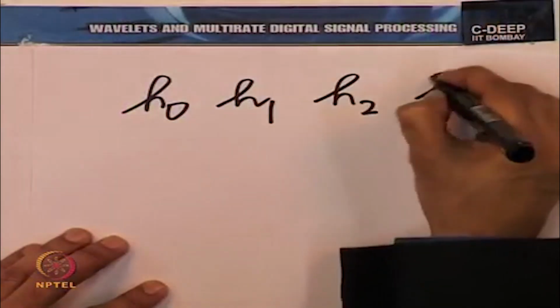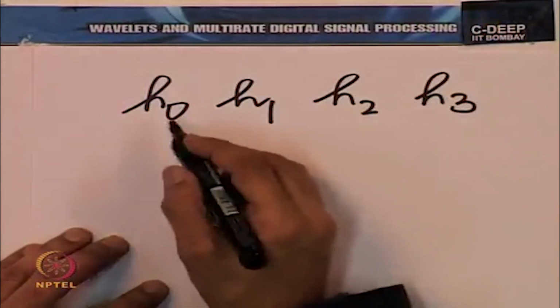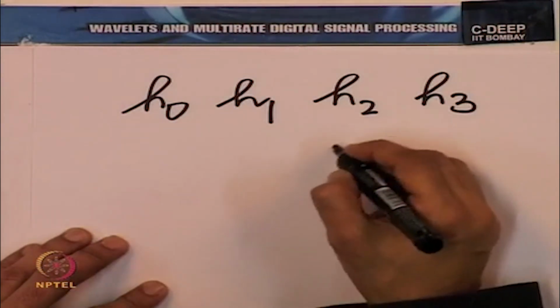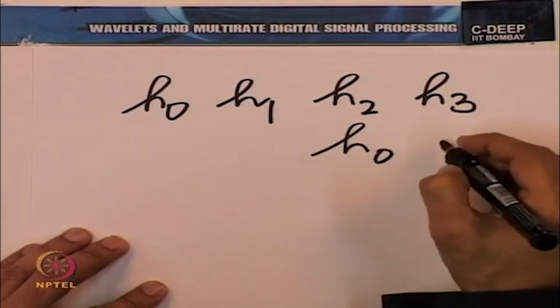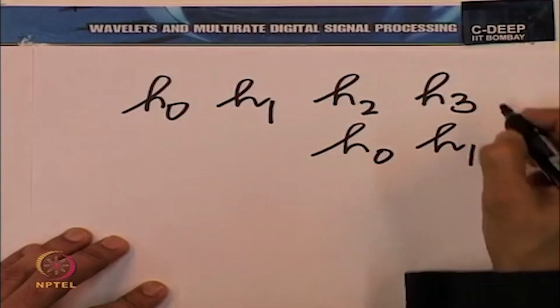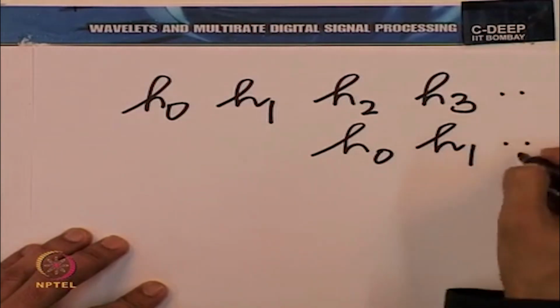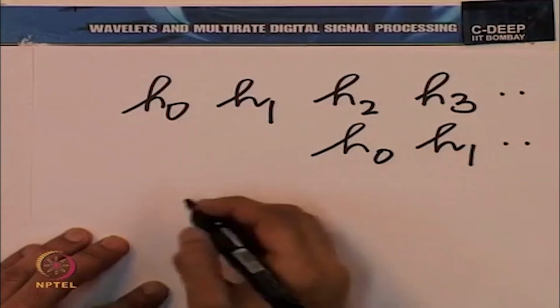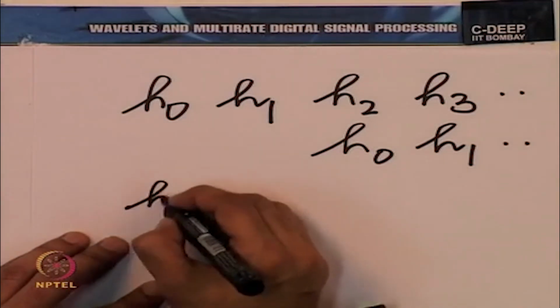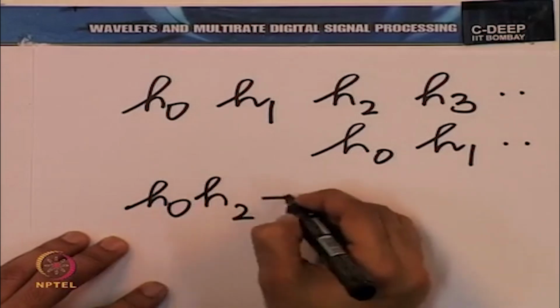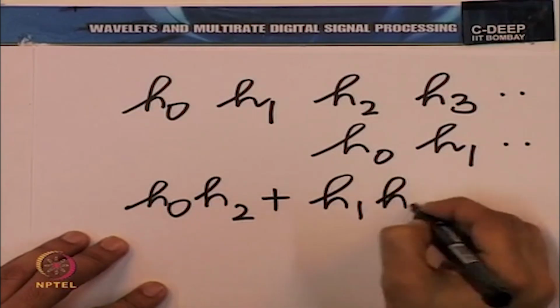So, if you had a length 4, for example, you would have H 0, H 1, H 2, H 3, and if you took this and the same thing shifted by 2, you are talking about this dot product. The rest of it is 0, of course. So, here again you get zeros and you do not need to write that. So, the dot product is essentially H 0 H 2 plus H 1 H 3.